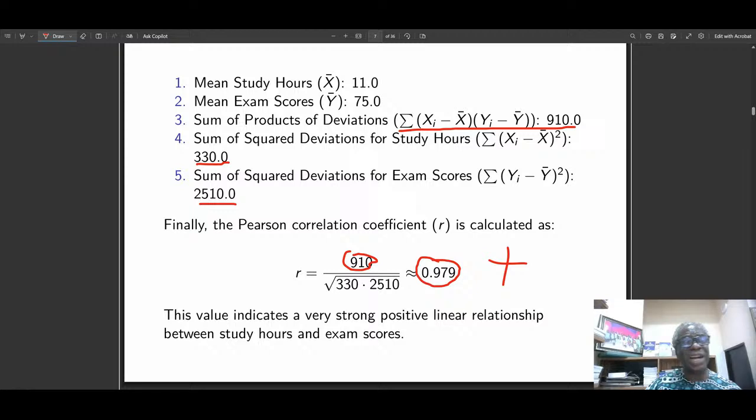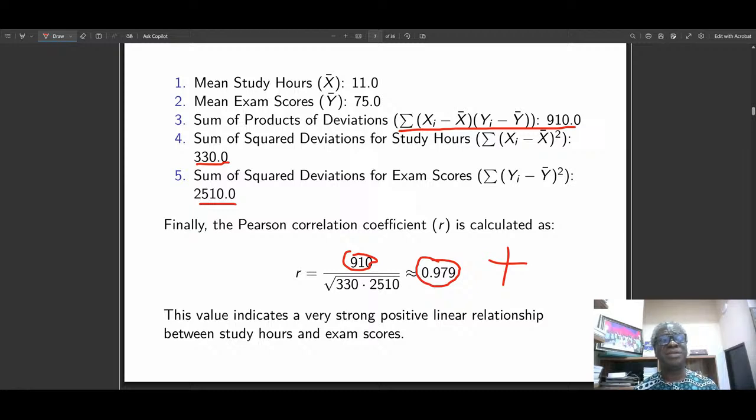So we can conclude based on this that there is a very strong positive linear relationship between study hours and exam scores.